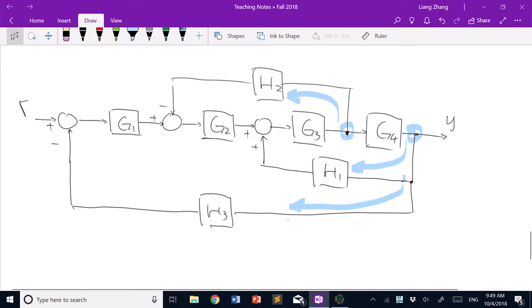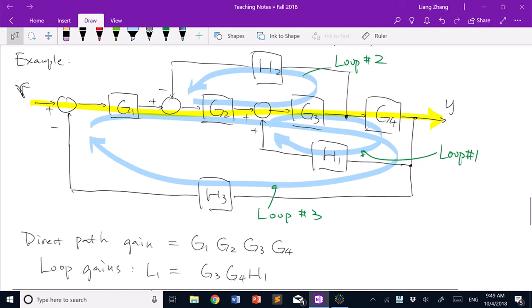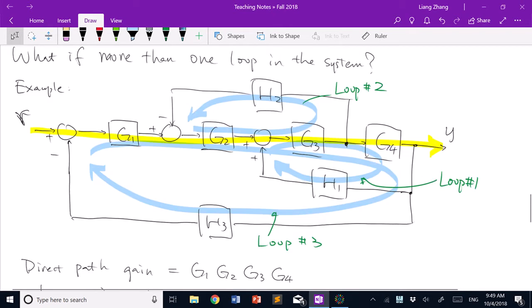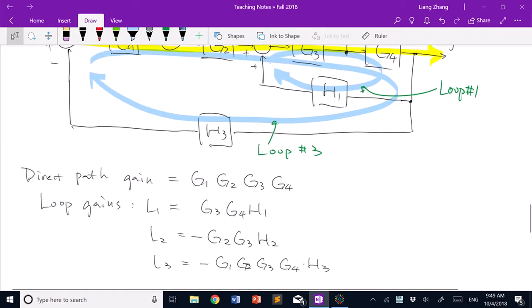Okay, and on Tuesday we looked at this system a little bit and figured out there are 3 loops, and there's one direct path from R to Y. So this is what we calculated for the direct path gain. We multiply all the transfer functions along the direct path, and we calculate the gain of each loop.